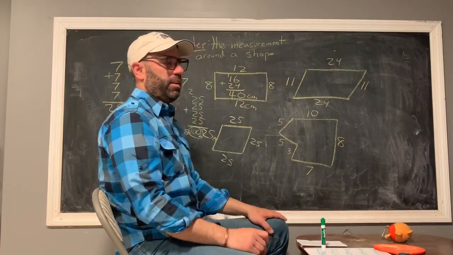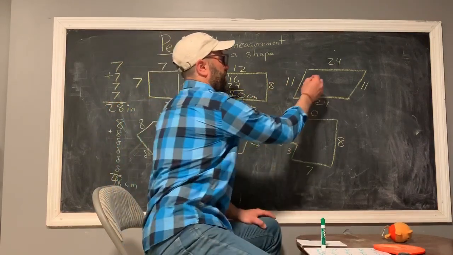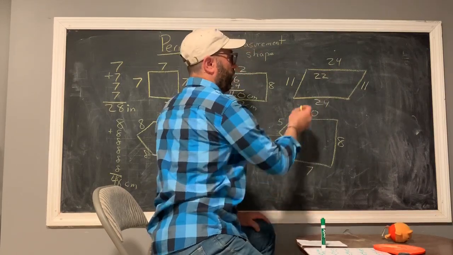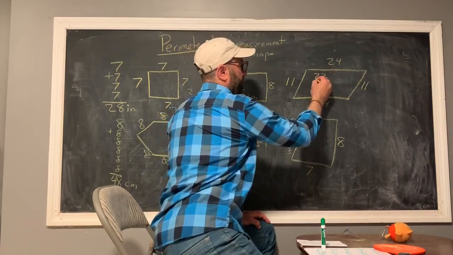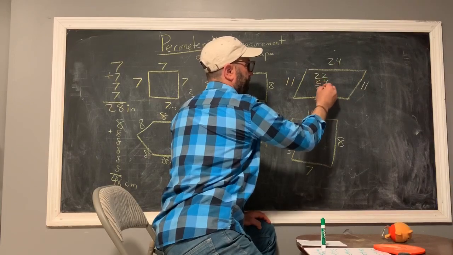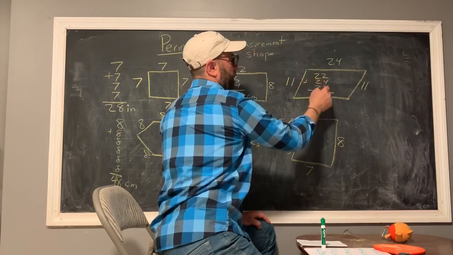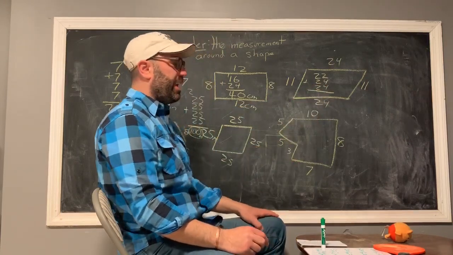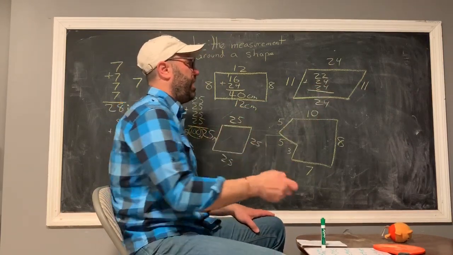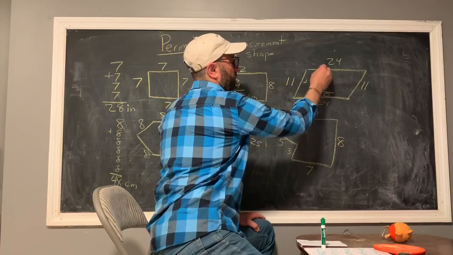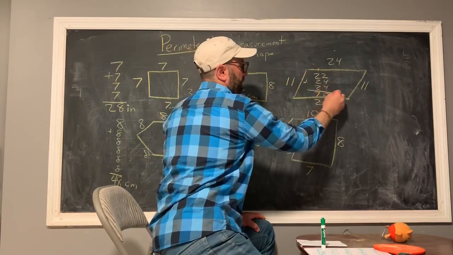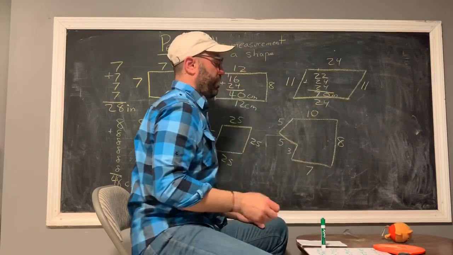So I'll say 11 and 11. That's easy enough. I'll add them up and say, okay, that's 22. And 24 and 24, it's going to be 48, but we could just add them up. Here we go. Let's start with the 4. 4 plus 4 is 8. Plus 2, 9, 10, 0 down, 1 up, 2, 4, 6, 7. So it'll be 70 inches, whatever.